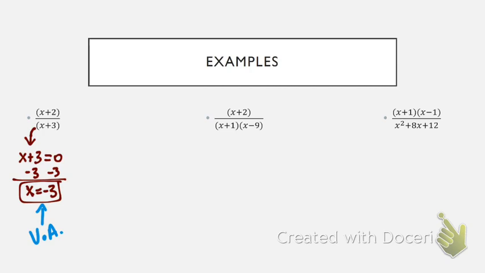On to example 2. So example 2 here is the same thing as example 1, but I have 2 x's in the denominator. I have x plus 1, and I have x minus 9. So because I have 2 x's, I'm going to have 2 separate vertical asymptotes. But to actually find them, any x value that gives me 0 on bottom is still the issue that I'm after.